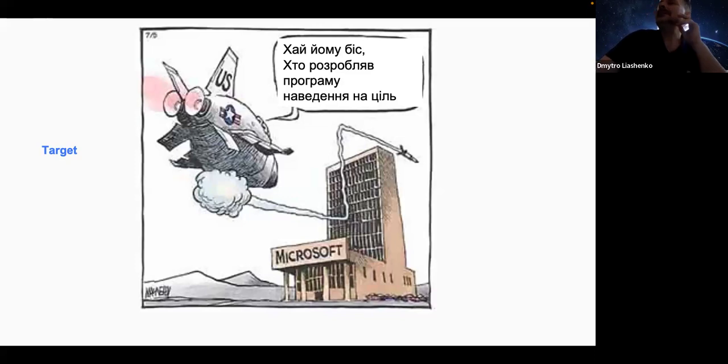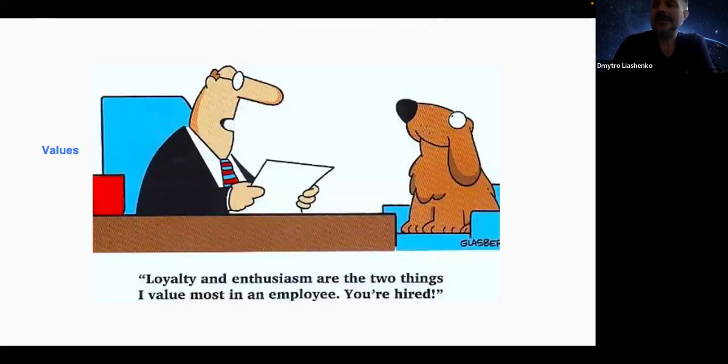For example, we can create a graphic for children, for pupils who learn some subjects in school. Another kind of representation is for realtors. Another representation will be for our partners. Values.